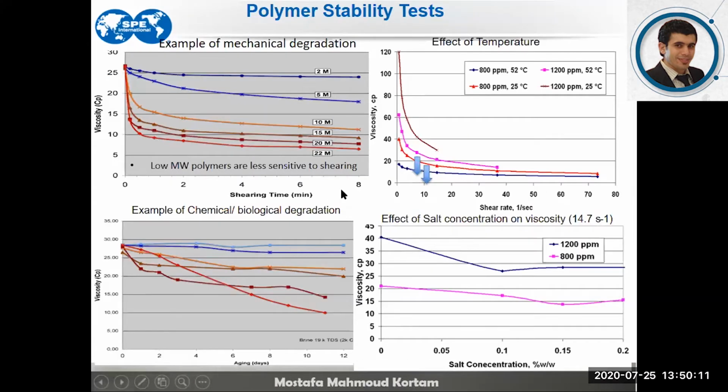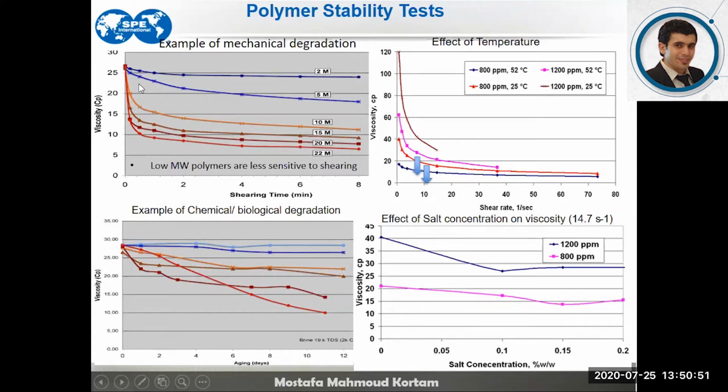For the polymer stability investigation, there are several experiments being used, and as you see here, there are some examples of inspecting the polymer stability by conducting different tests to evaluate the performance of the polymer. So for the mechanical degradation, consider different polymers that have different molecular weights, but with the same initial viscosity as the higher molecular weight.